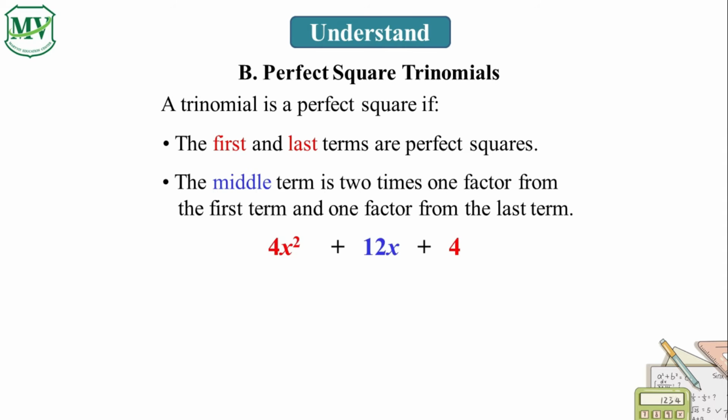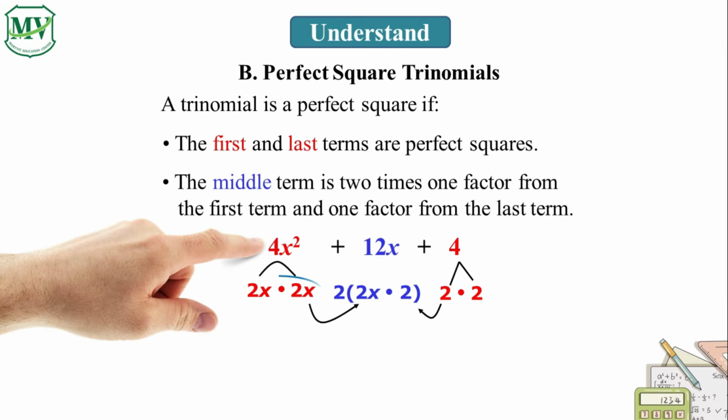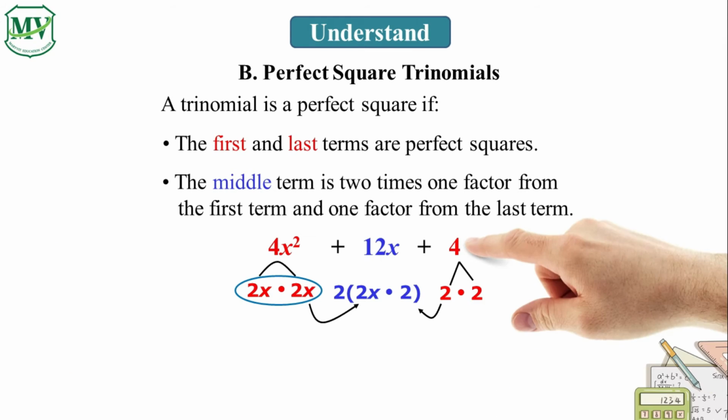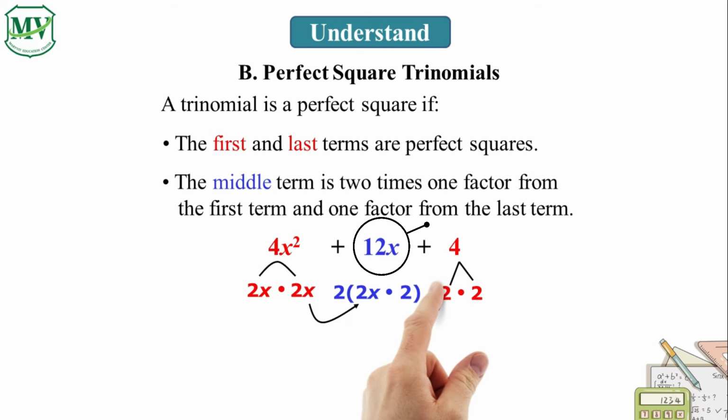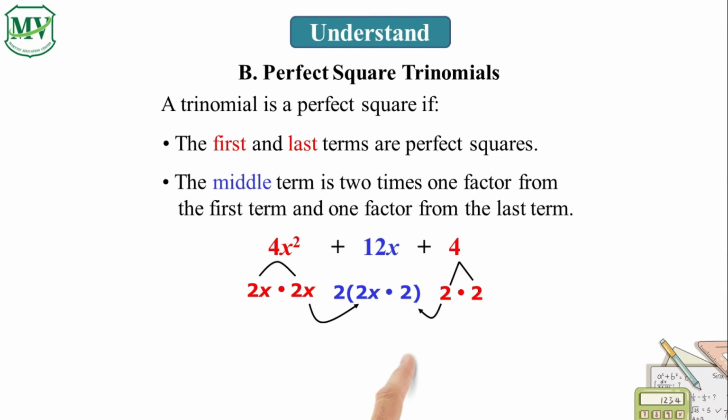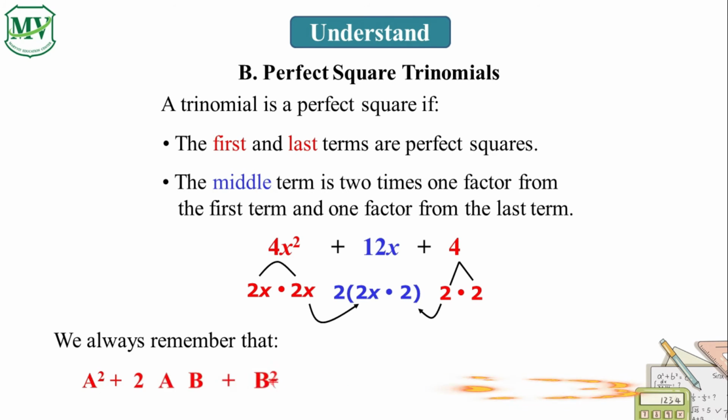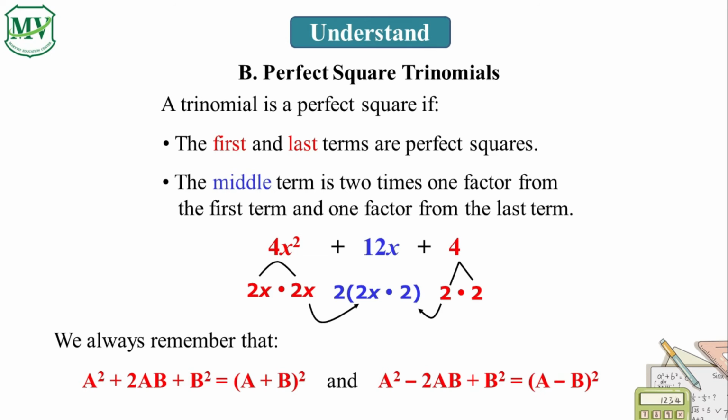Observe. The first and the last terms are perfect squares. And the middle term is 2 times one factor of the first and the last term. We always remember the following formulas when we encounter these types of polynomials.